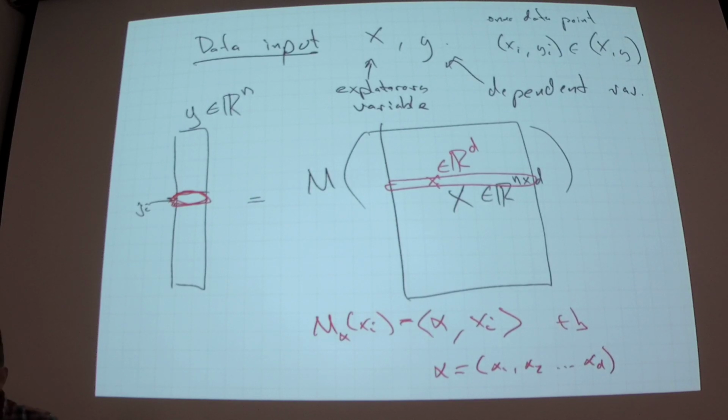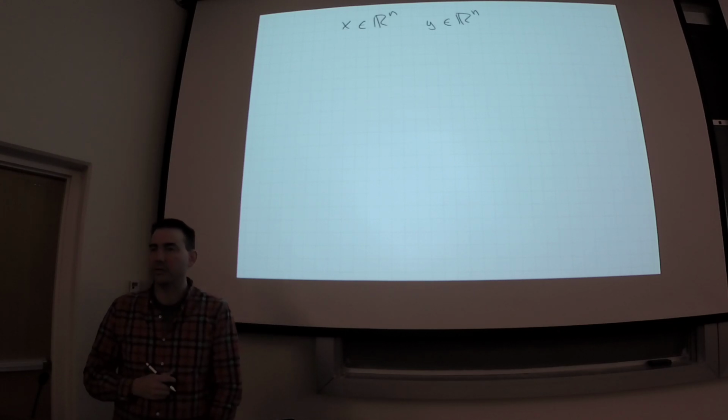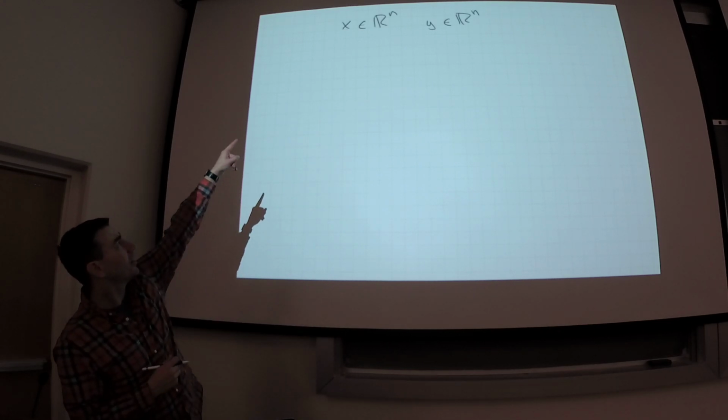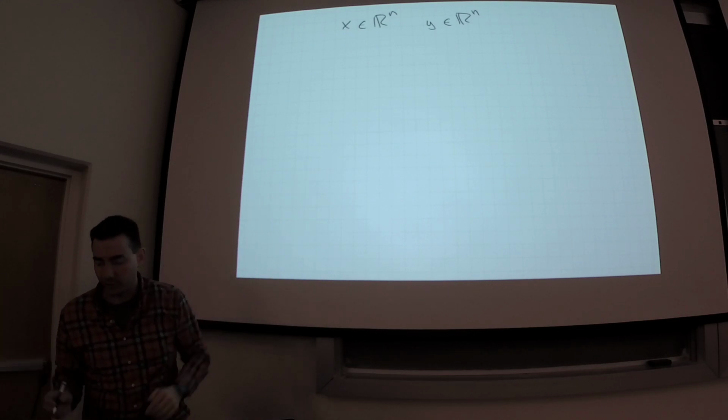But let's start now, let's keep narrowing down to the simplest case. Now I'm going to say that x is in Rn and y is in Rn, which means that I'm going to have one-dimensional points for x and one-dimensional values for y.